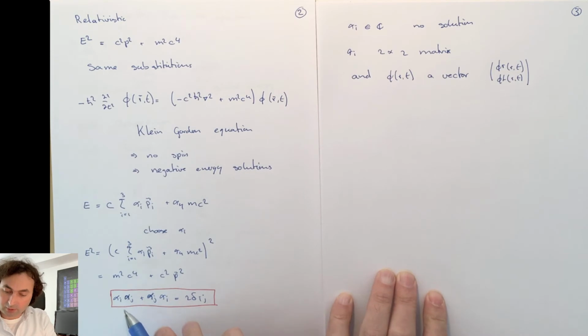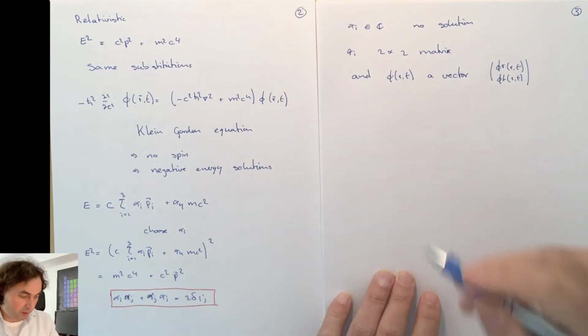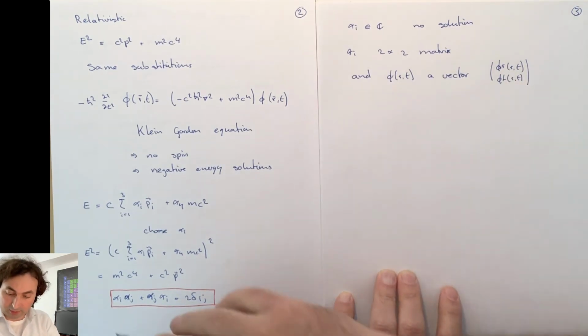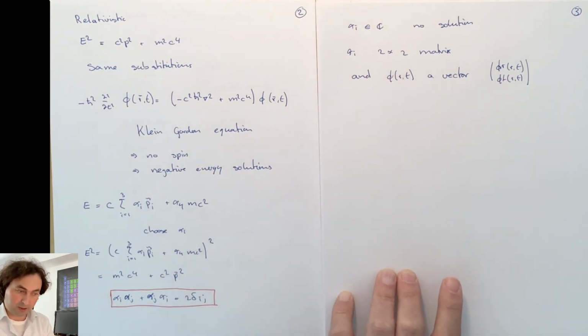Now, what could the alpha i's be? When we think of spin and matrices in spin, then we can have a look at the Pauli matrices, and indeed the Pauli matrices fulfill this condition.